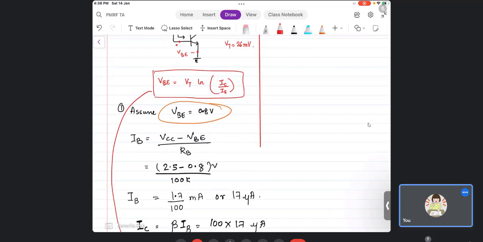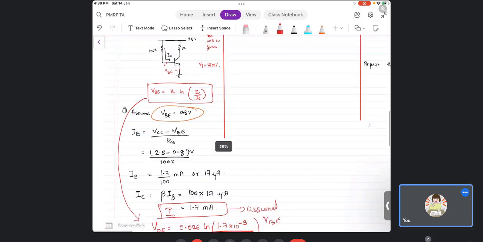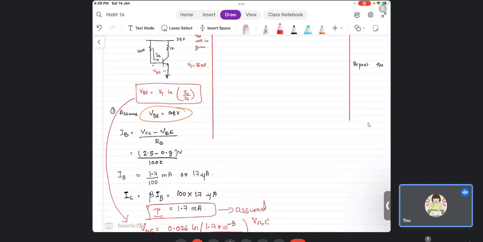We know IB is equal to VCC minus VB by RB, that we know, and we will just put the values. When we put the values, we got IB as 17 microampere, IC will be 100 times of IB, beta IB, and that we got as 1.7 milliampere. These values are when VB is assumed to be 0.8.